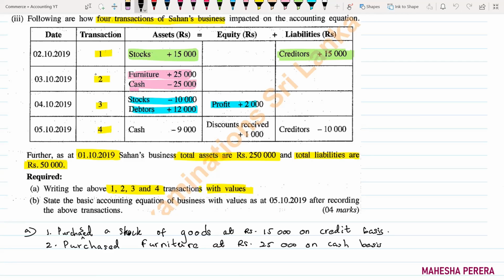Stock increases when we purchase stock, so stock has to decrease when we sell stock. Now how has the stock been sold? Not on cash basis, because if it were cash, cash would come in here. Now debtors have appeared, which means the sale has been made on credit. So this has to be a credit sale. Are we clear? So how do you write this? You can write like this. Sold, right? Sold what? Stock of goods.